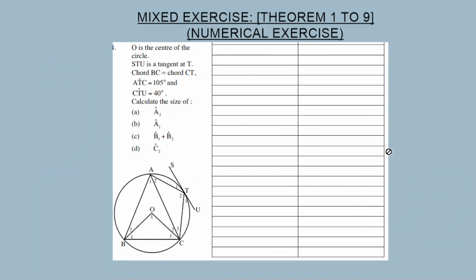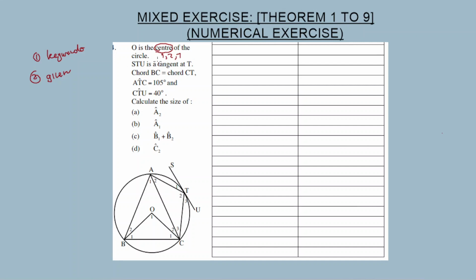Okay, exercise number 2. Again, number 1, you look for keywords. Number 2, you look for the given information. We have to underline konke lo, right? Okay, O is the center. Center, theorem 1, theorem 2, and theorem 7.